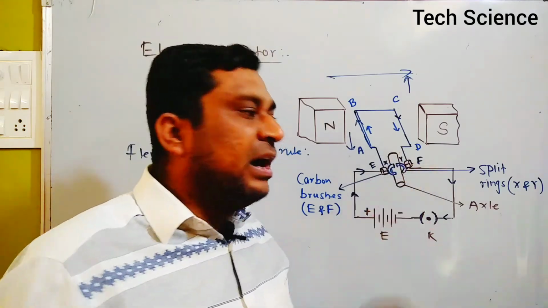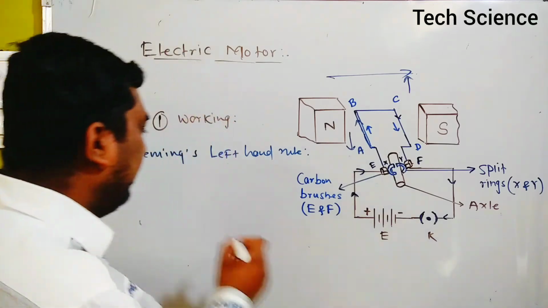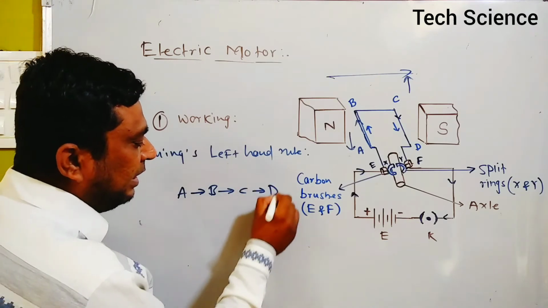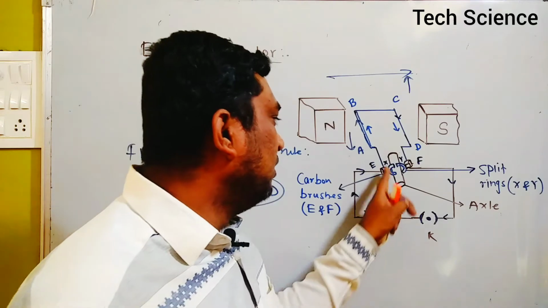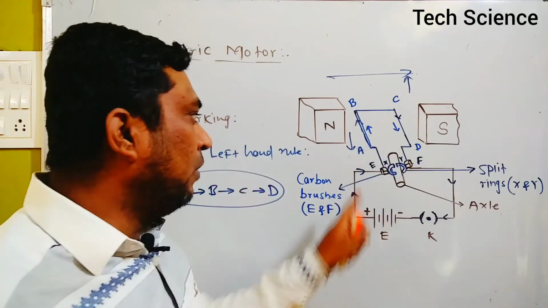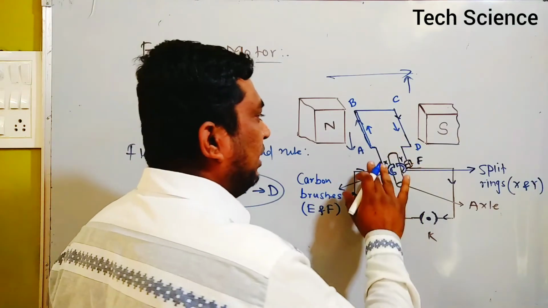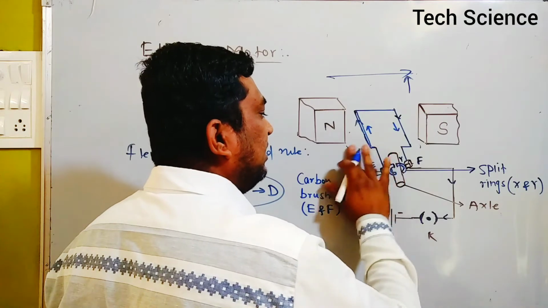Now after half rotation, observe here, what is the flow of the current? It is from A, then B, then C, and finally D. This is the flow of current as per Fleming's left hand rule. What happened here? After half rotation, the position of ABCD has changed.